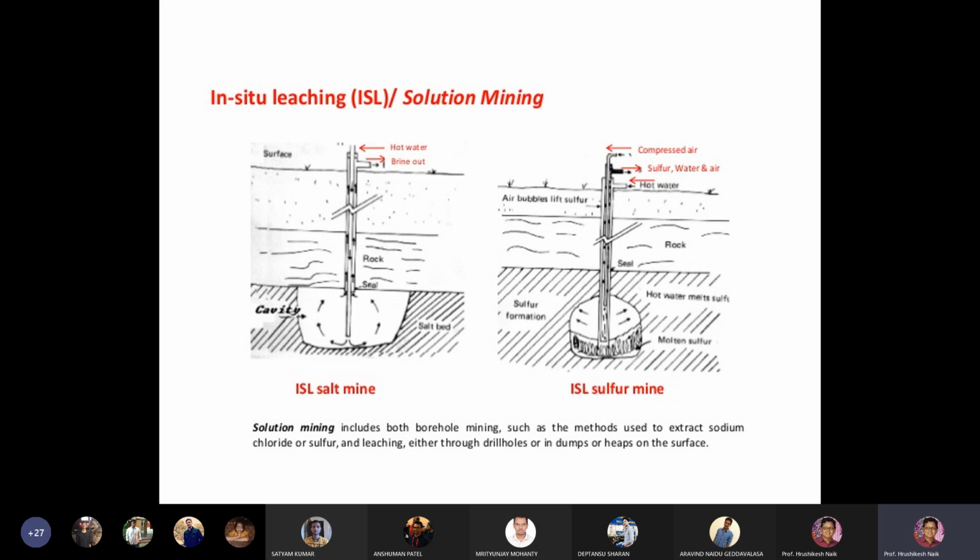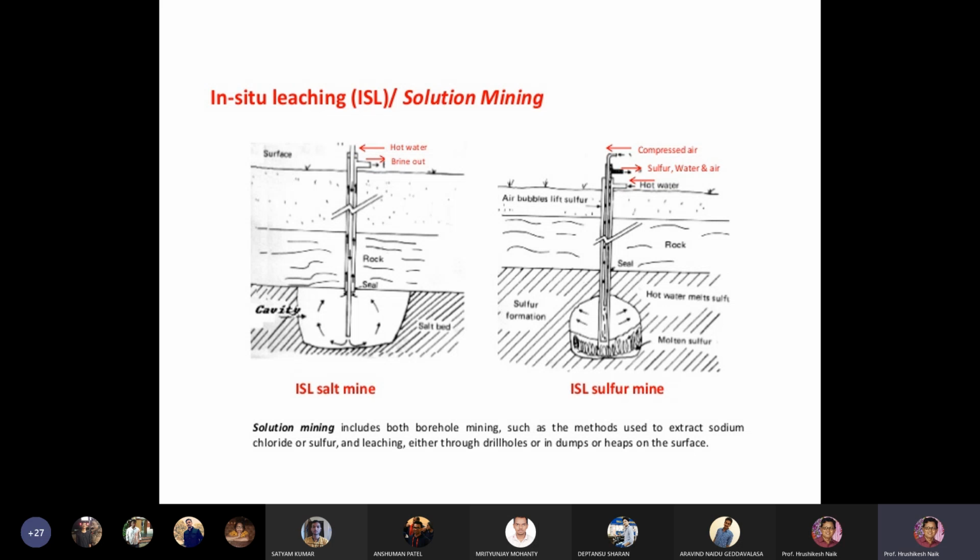Whenever hot water and compressed air agitate this sulfur, you get molten sulfur, and this molten sulfur is pumped to the surface in the form of sulfur, water, and air. So this is the in situ leaching method for sulfur mines.